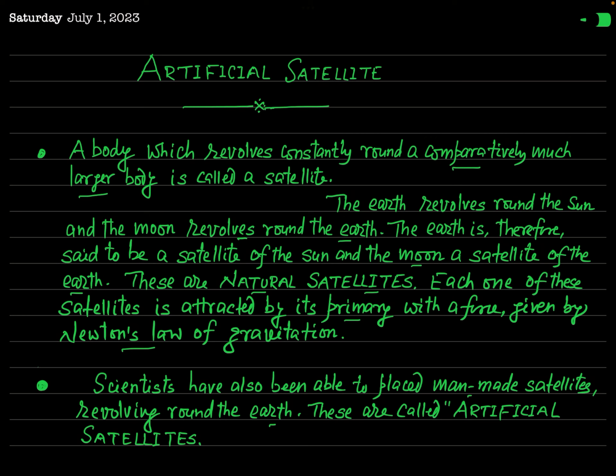Our prime aim regarding an artificial satellite is to find the speed with which it revolves in the orbit, and the time period, that is the period of revolution or time taken by the satellite in completing one revolution around the massive body, the Earth or Sun.